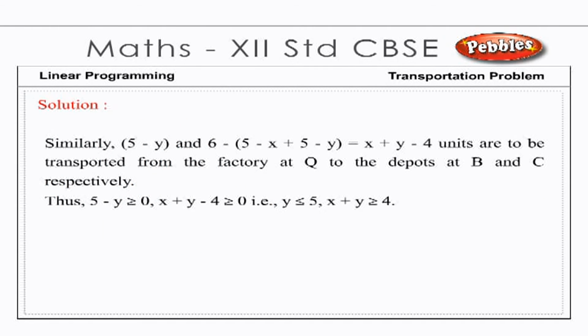Similarly, 5 − Y and 6 − (5 − X + 5 − Y) = X + Y − 4 units are to be transported from the factory at Q to the depots at B and C respectively. Thus, 5 − Y ≥ 0 and X + Y − 4 ≥ 0. That is, Y ≤ 5 and X + Y ≥ 4.